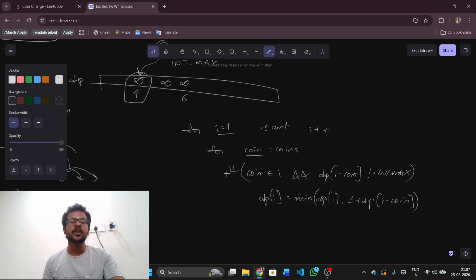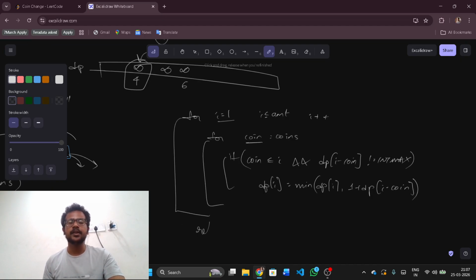So this is how you solve this problem. And there is another case: if dp of amount is equal to int max, that means we cannot make it, so I'll just return -1. If not, I'll return dp of amount.